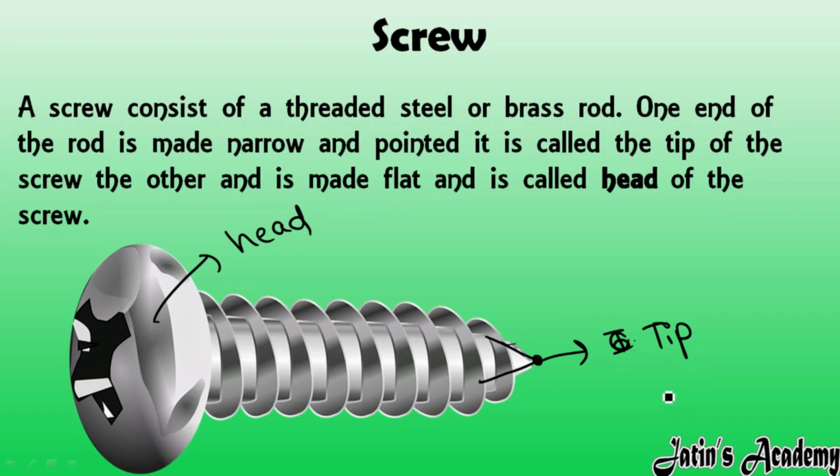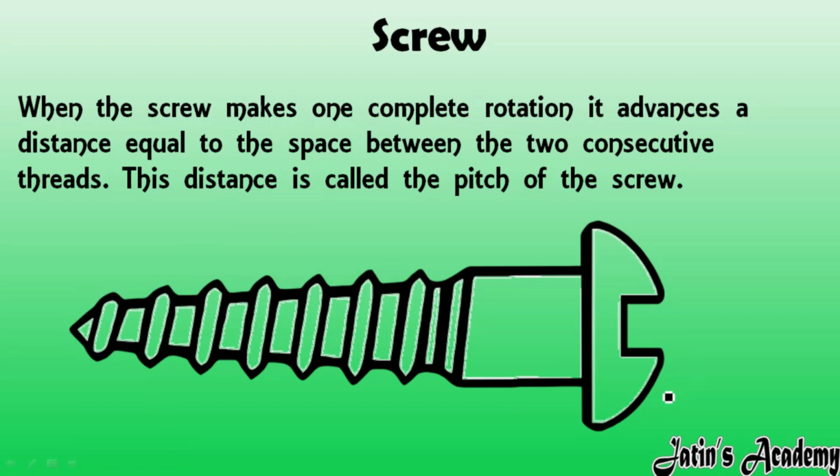Next, when a screw makes one complete rotation, it advances a distance equal to the space between two consecutive threads.